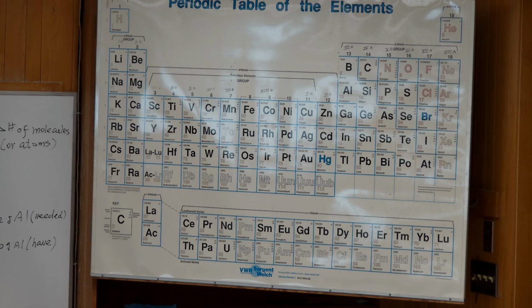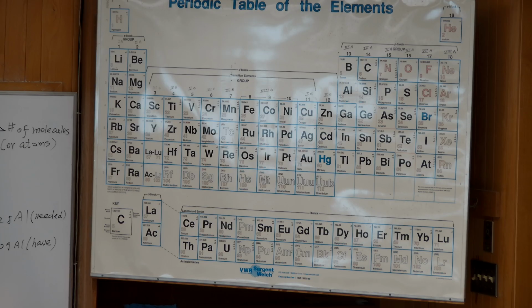Theoretical yield. Since aluminum is the limiting reagent, now you don't have a choice. You must use the limiting reagent to calculate the theoretical yield. Okay, because the excess reagent is partly left over. You cannot use the excess reagent to calculate the theoretical yield. So aluminum is the limiting reagent, 16 grams of aluminum.